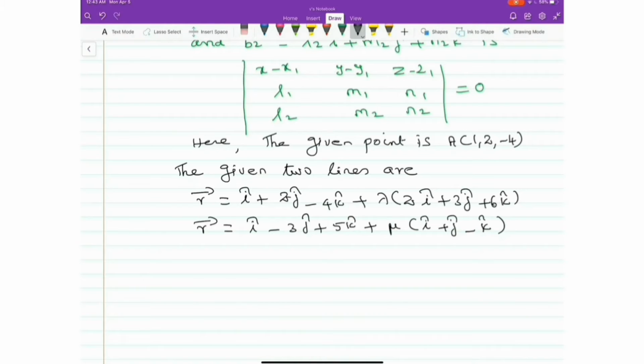So from here we can always write down x1, y1, z1 as well as L1, M1, N1 and L2, M2, N2.